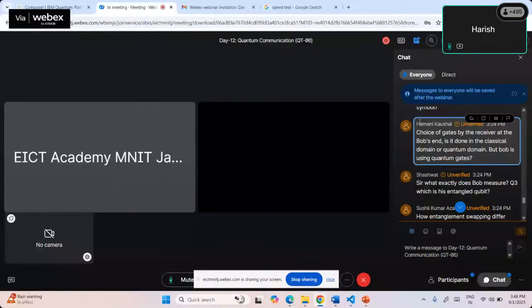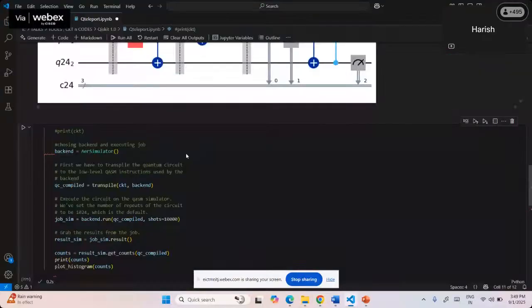Are the choices of gates by the receiver at Bob's end done in the classical domain or quantum domain? The choices of gates and the application of those gates are in the quantum domain, and once these gate operations are performed, only then does Bob measure the qubit. See here, these first two qubits are measured.